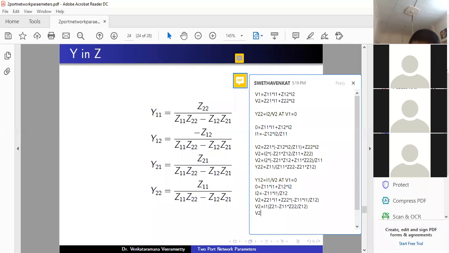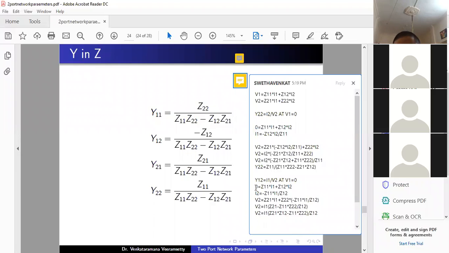Now take the LCM. So we have I1 into Z21 into Z12 minus Z11 multiplied with Z22, divided by Z12. Right?